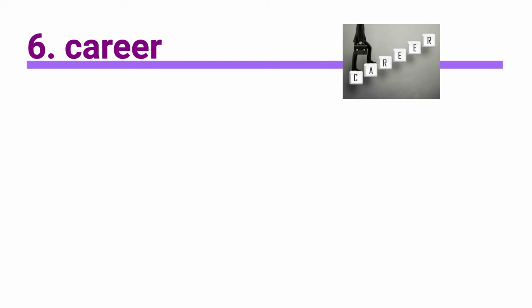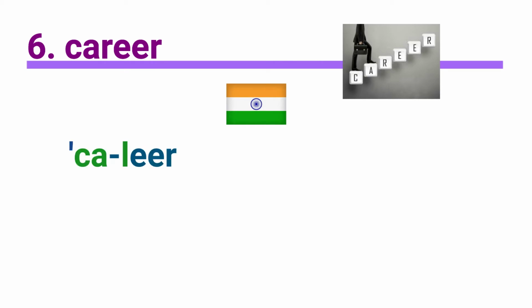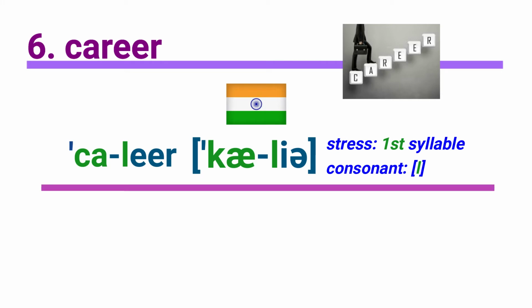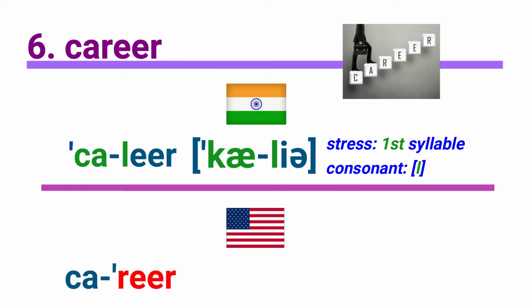Our next word is C-A-R-E-E-R, a very popular word at our workplace. Our friends from India tend to pronounce it as carrier, with the stress on the first syllable, and the consonant of R becoming L. And my American friends pronounce it as career, with the stress on the second syllable.